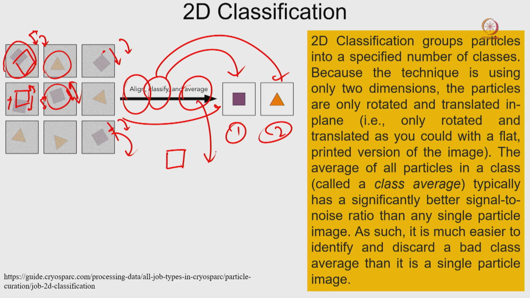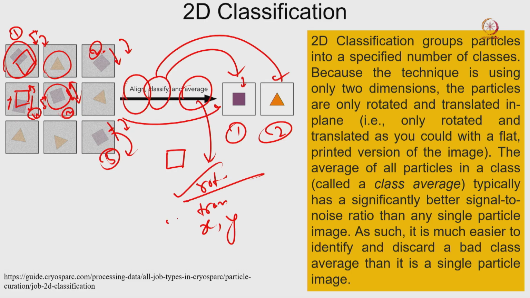Signal means how much signal to noise ratio is there, and for that we always have to do some rotation and translation, x and y translation and rotation at different angles, to align them together. So these 1, 2, 3, 4 and 5 will be in the same group, but we have to do this rotation and translation, align them together and get this class.